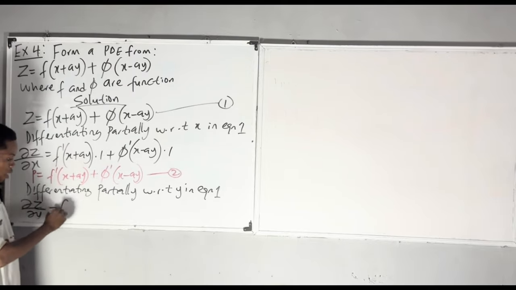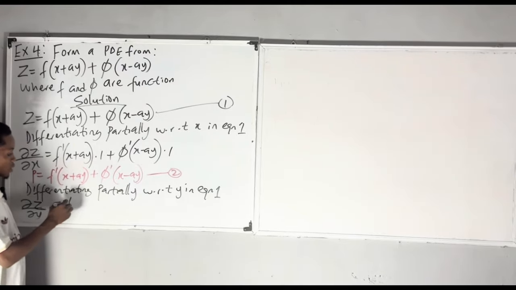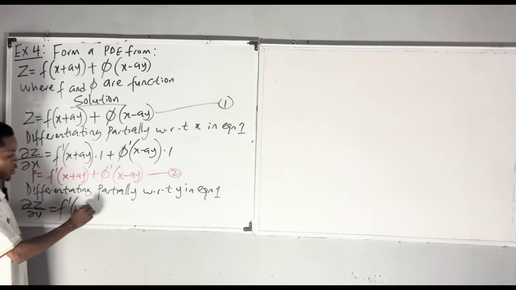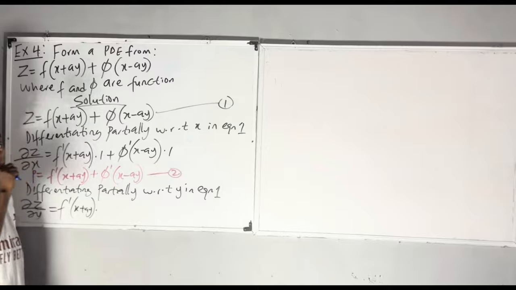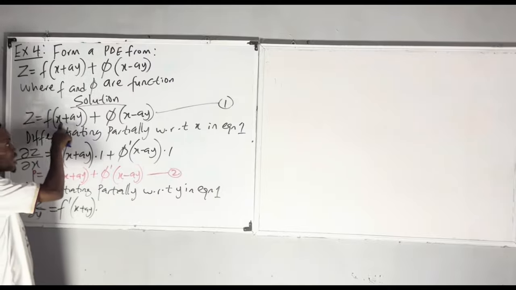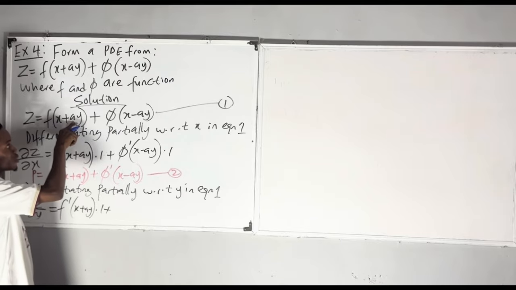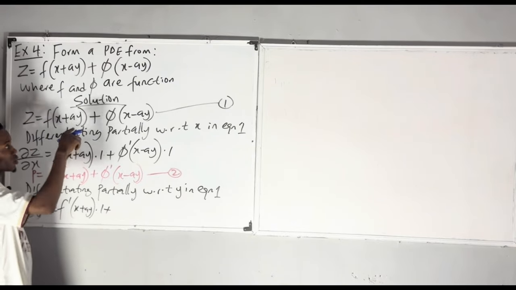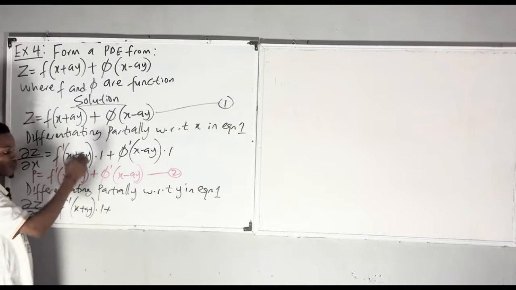Take this f, differentiate the function f, I'm going to have f prime of x plus ay, multiplied by what? I'm differentiating with respect to y. The derivative of x is 0, so 0 plus, differentiate ay, which is a product. I'm going to differentiate y here, which gives 1, and 1 times a gives a.